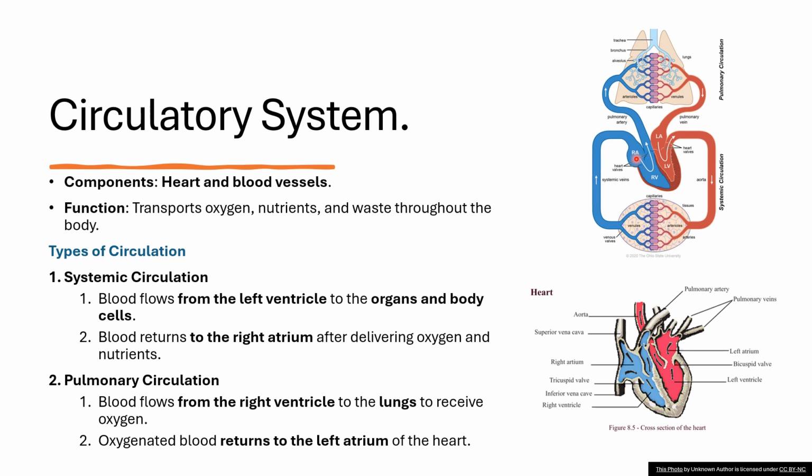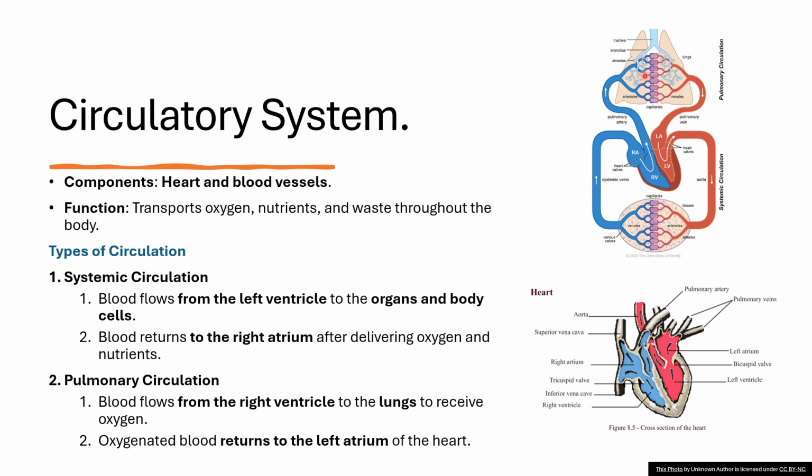The other circulation is called the pulmonary circulation, which is associated with the lungs. Here, blood flows from the right ventricle. This is the right ventricle. The blood flows from the right ventricle to the lungs to receive oxygen.